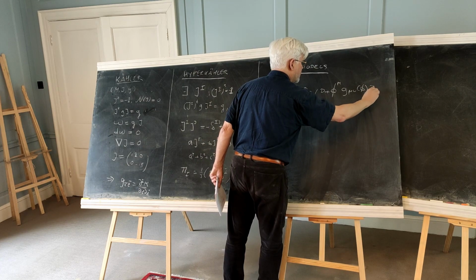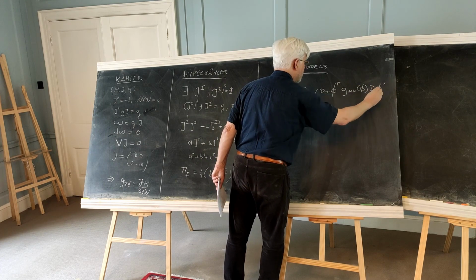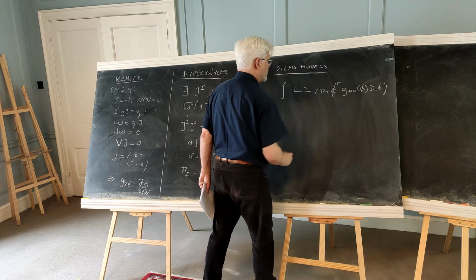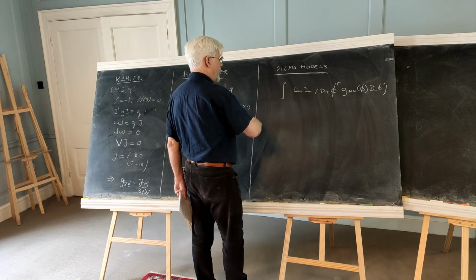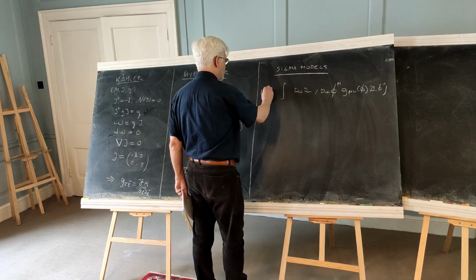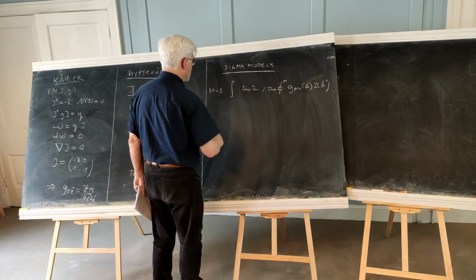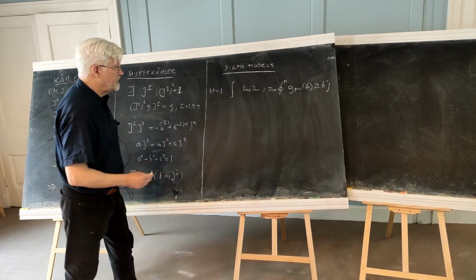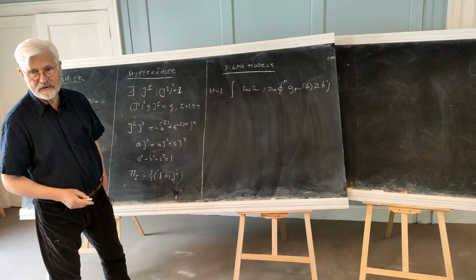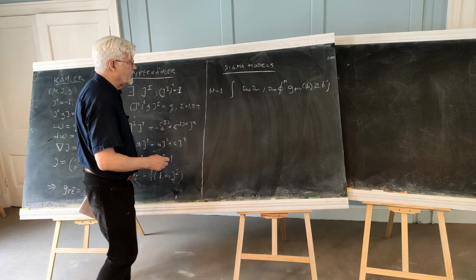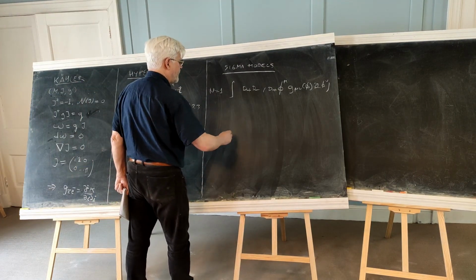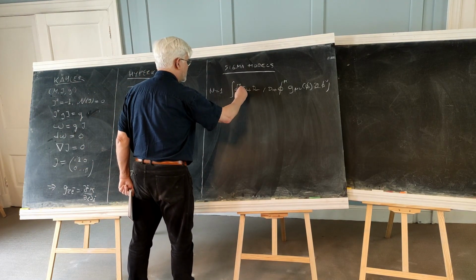It's a D minus phi nu. I was talking about 2 dimensions before, but to have less to write, I've now gone to 3 dimensions.